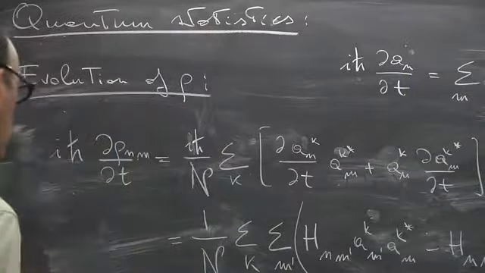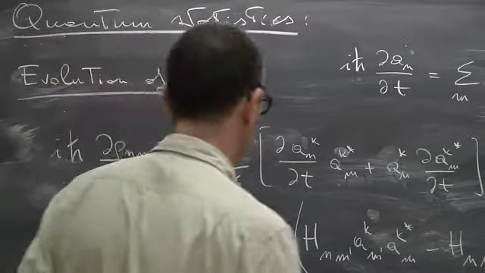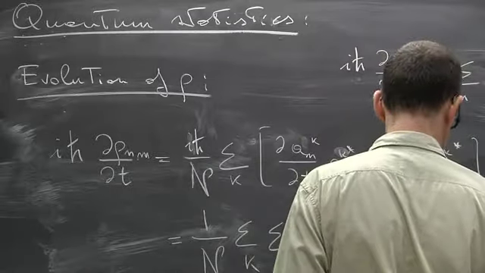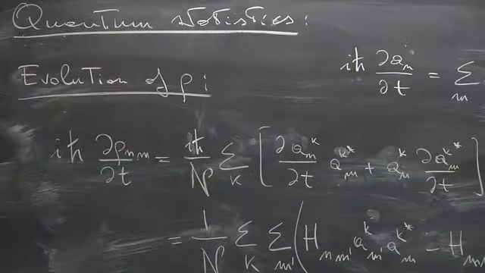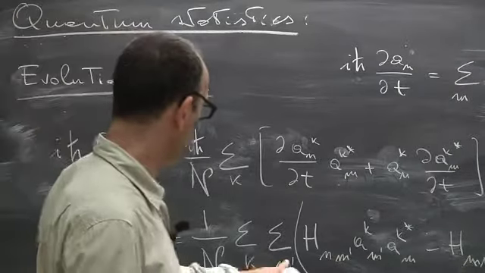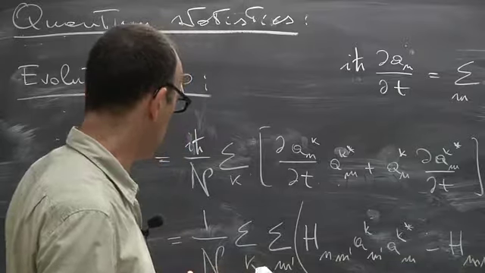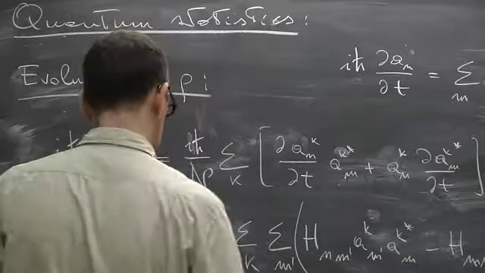And this is m prime, okay. Now you see, there is this sum over m prime which can go outside.